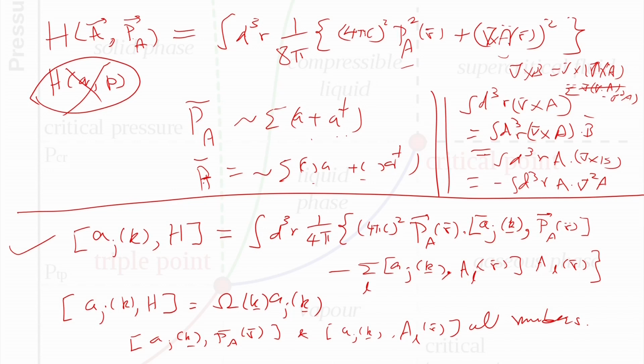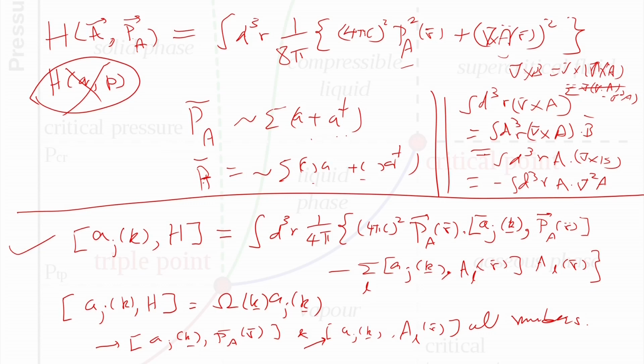So, the commutators of the position and momentum with the creation and annihilation operators are numbers.